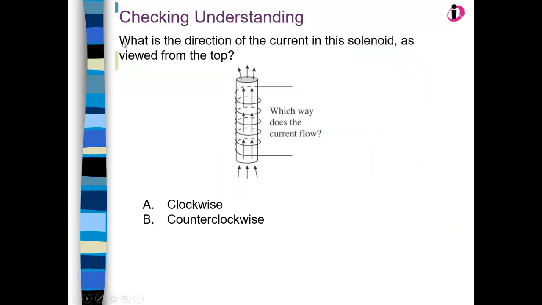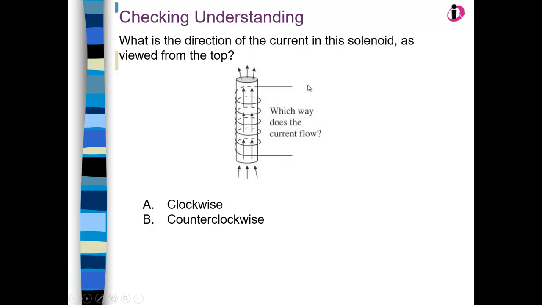Okay, so here's the solenoid. You want to know the direction of the current of the solenoid, okay. And here we've got a current loop, and the magnetic field is going towards the top.